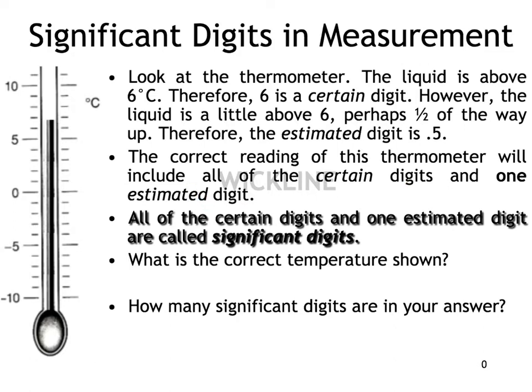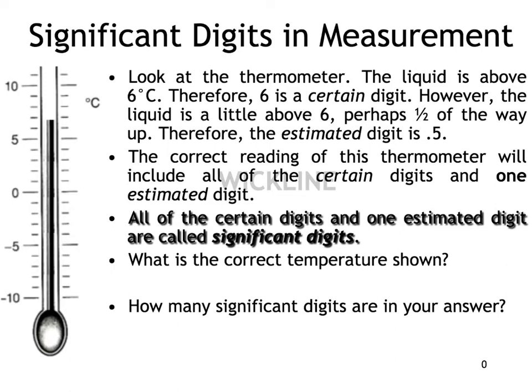The correct reading of this thermometer will include all of the certain digits and one estimated digit. The certain digit, for me, is the 6, because I can definitely tell it's above 6. And the estimated digit is going to be 0.5. Now I know that a lot of you don't really want it to be 0.5 because it looks so close to the 7, but if you can't really tell whether it's going to be 0.6 or 0.7 or 0.8 or 0.9 because you don't have any markings to help you, then usually we're just going to go with 0.5.